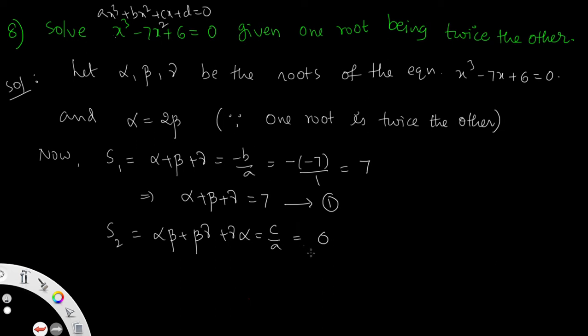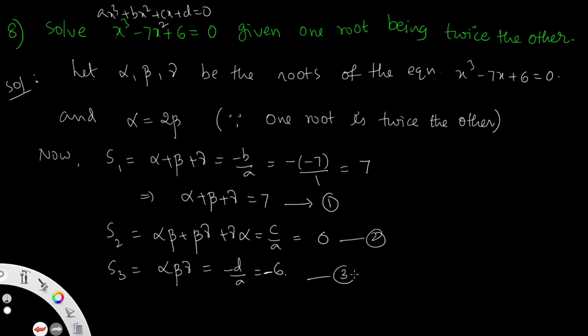Then S3, the product of the roots alpha beta gamma, equals minus d by a, which is minus 6. So the second equation is this and the third equation is this.